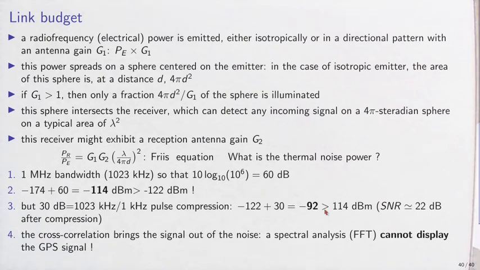We've seen how to detect CDMA signals, how to identify which satellite is transmitting by correlating with the C/A code. By sweeping the Doppler shift, we can identify the frequency offset of a signal, and finally we mapped the acquisition phase where we were able to identify which satellite is transmitting at which frequency.